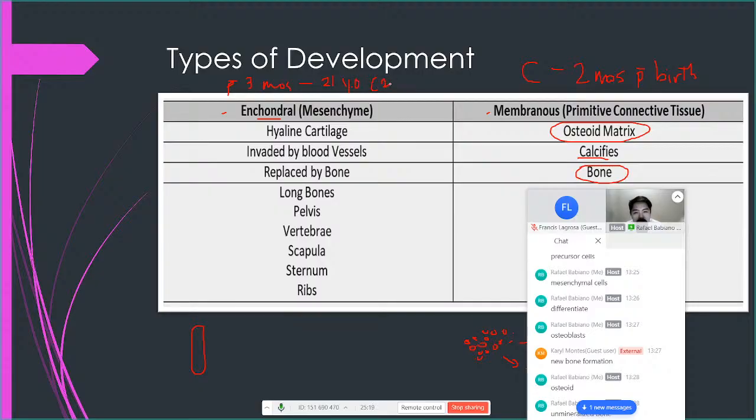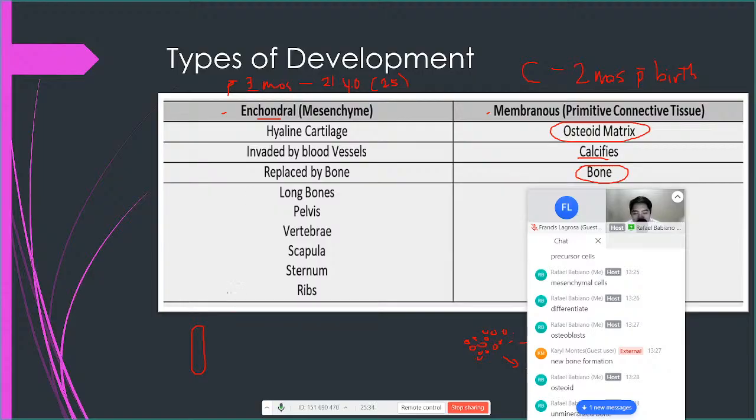Some sources will say 25, but let's just stick with 21. So from 3 months after conception up to 21 years old. Takes so long.